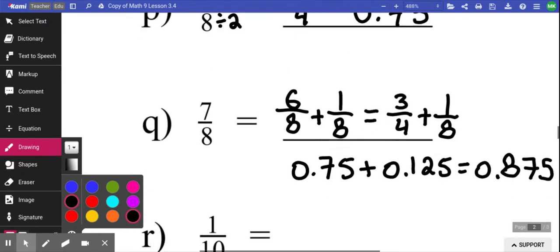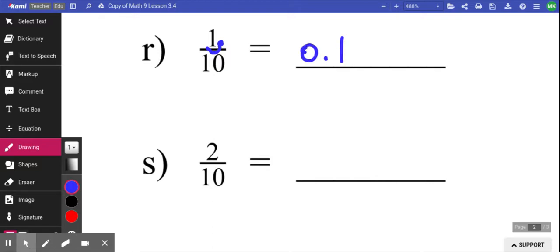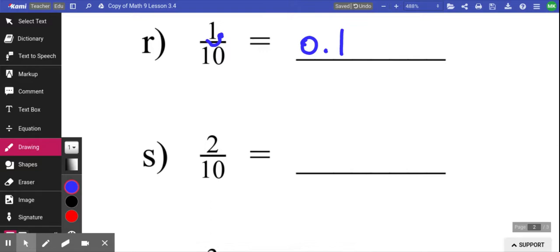Tenths. Tenths are easy. All you're going to do is move the decimal place over one spot. So if I have 1/10, the decimal place is right after the 1. I just move that decimal over, so it's 0.1. For 2/10, the decimal is after the 2. Move the decimal over one spot, it's 0.2.